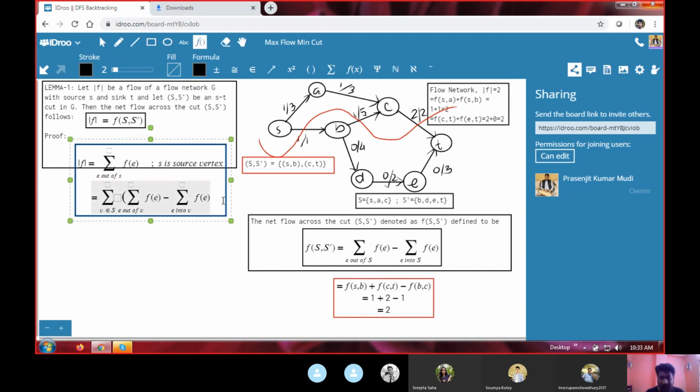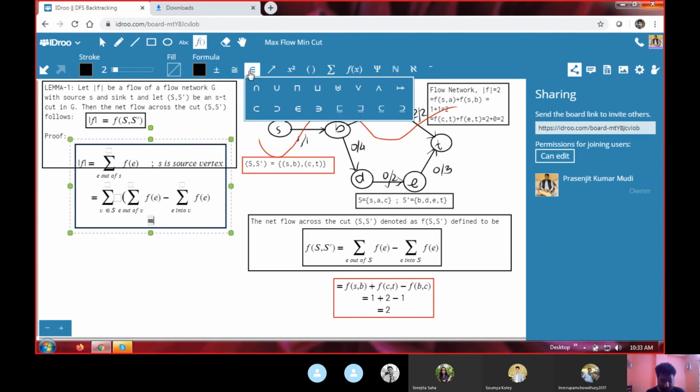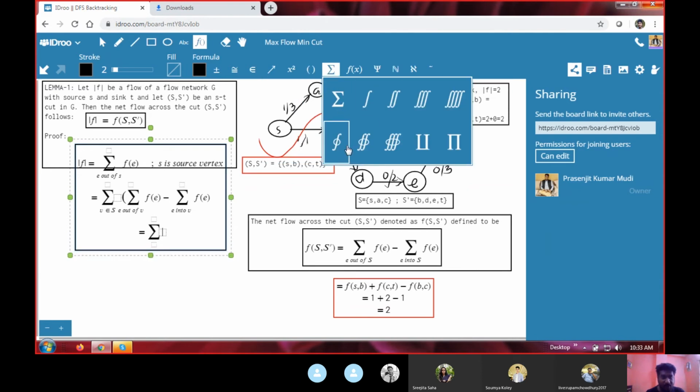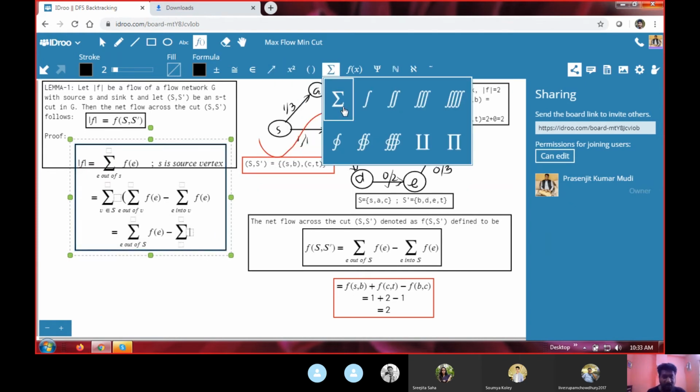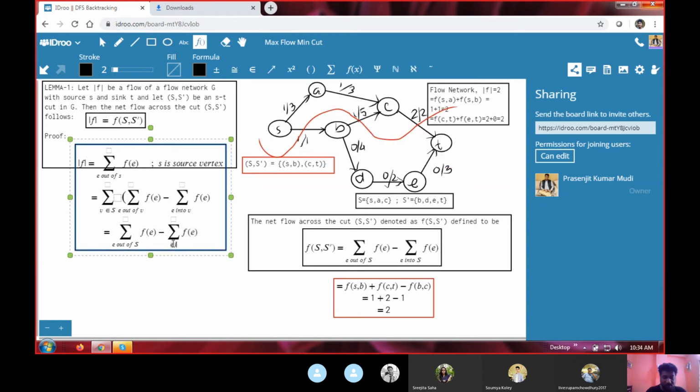Okay, so in the next line we can write that. So this is basically summation over f of e, where e is out of S, minus summation over f of e, where e is into S. Okay, and in the next line, so this is the definition of f of S bar, so hence proved.